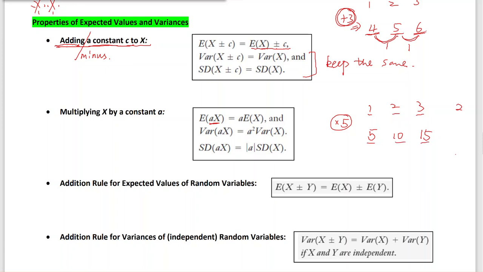If I multiply by 5, that means 5, 10, 15. Let's get the average.